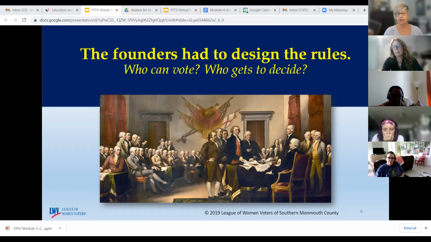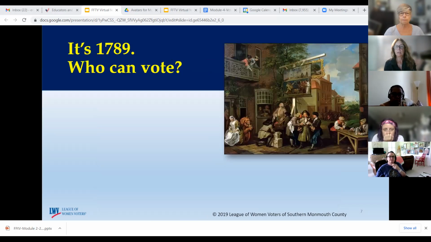I mean, after all, they'd just gotten rid of King George, and they argued that the balance of power should favor the new states and not the federal government. And specifically, when it came to the debate over who could vote, the founders decided not to define voting at the federal level. Instead, they gave that responsibility to the states. And this is a theme that you'll keep coming back to.